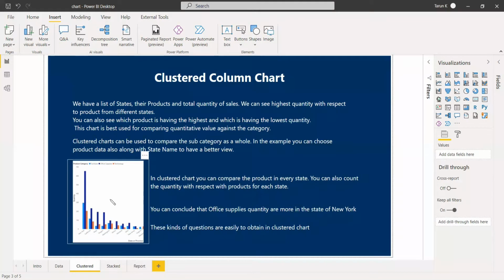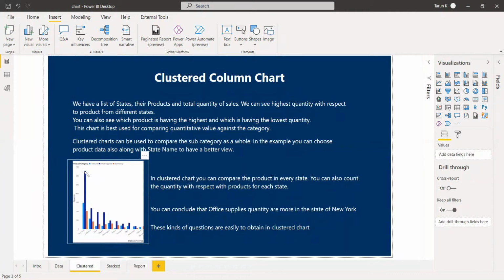This chart is thus used for comparing quantitative value against each category or subcategory. It can be mainly used to compare the subcategories as a whole. In the example, we are comparing the product that is of category.